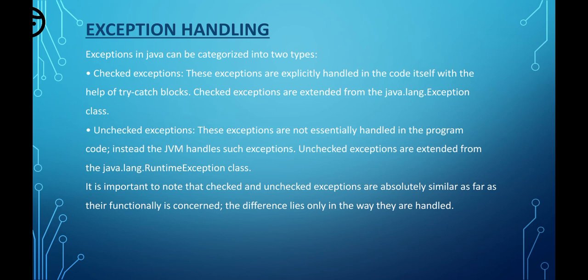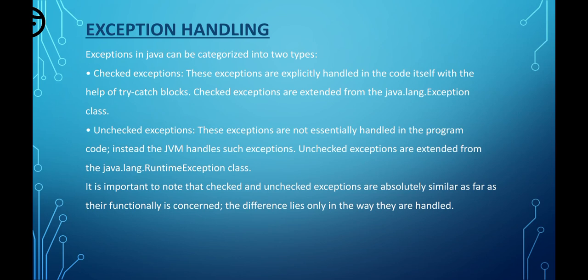Instead, the JVM handles such exceptions. Unchecked exceptions extend from the java.lang.RuntimeException class. It is important to note that checked and unchecked exceptions are absolutely similar as far as their functionality is concerned. The difference lies only in the way they are handled.